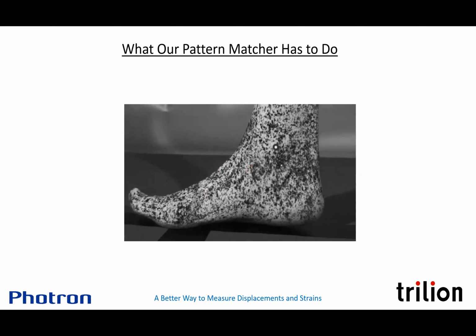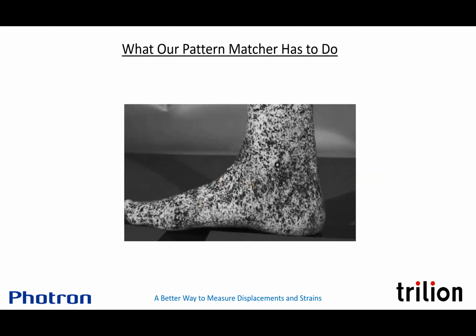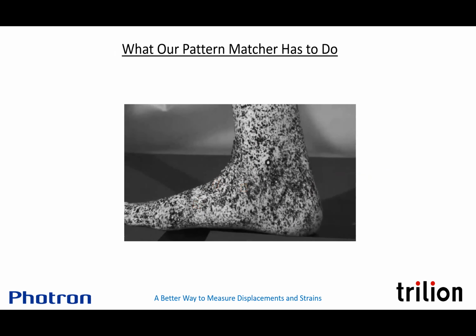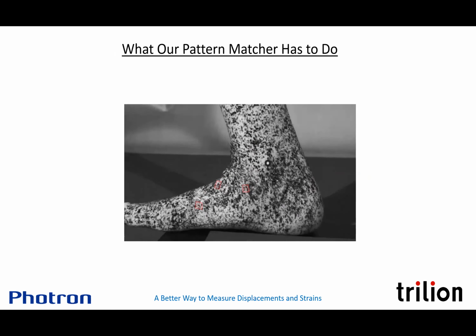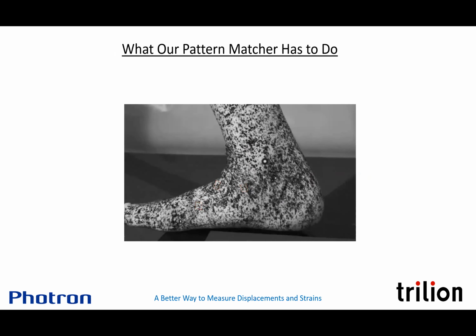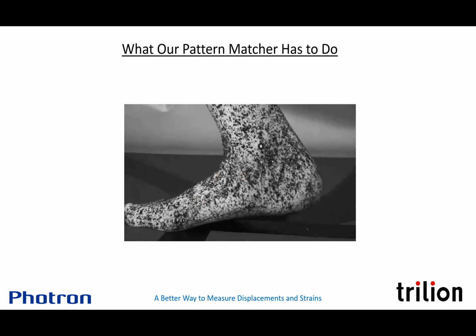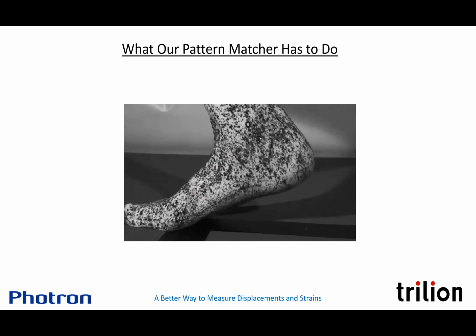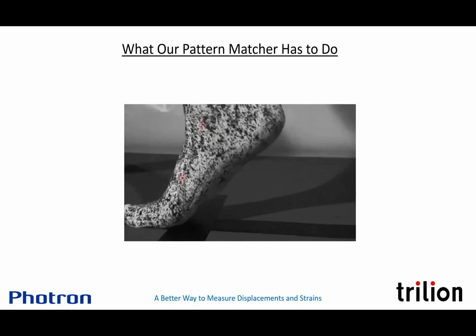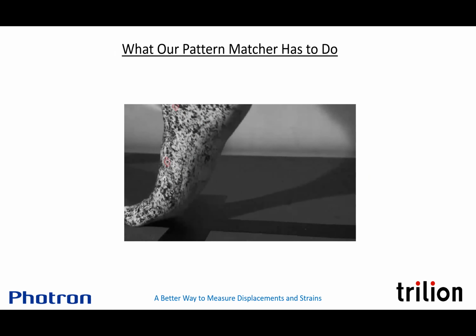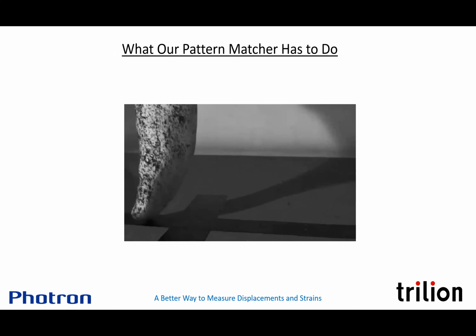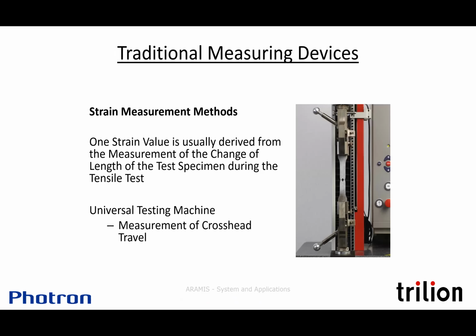I've drawn a couple of the pattern matching boxes. This is a runner's foot, obviously, and the pattern matcher stays locked on to those random dots and reports the center out despite all the rigid body motion, despite the deformation. Here you're seeing a lot of rotation. Doesn't matter, we're staying locked on. So that's basically what digital image correlation does.